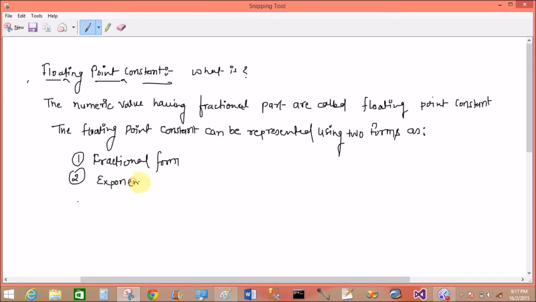It's a synonym of exponential notation. That is the second form, like 2.3E7, where E stands for exponential.